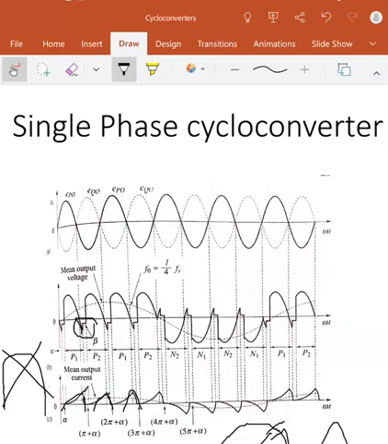So what is the frequency for this one? If this is the normal operating frequency, how much time have I increased? I have increased the time by 4 times. Because of that, frequency is going to be decreased by 4 times. Here again P1 P2 P1 P2 N2 N1 N2 N1. In this way we are going to trigger these things. Okay? So this is about the single phase cycloconverter.